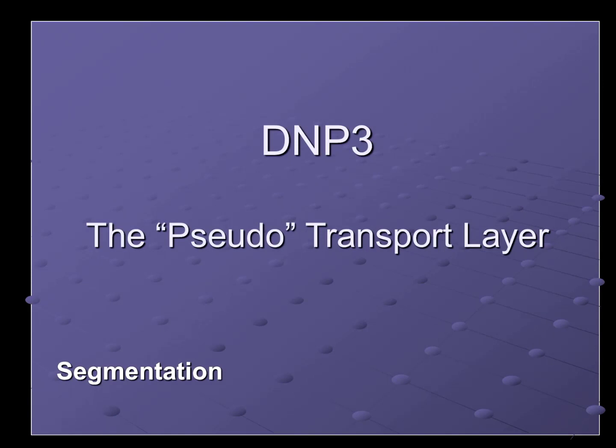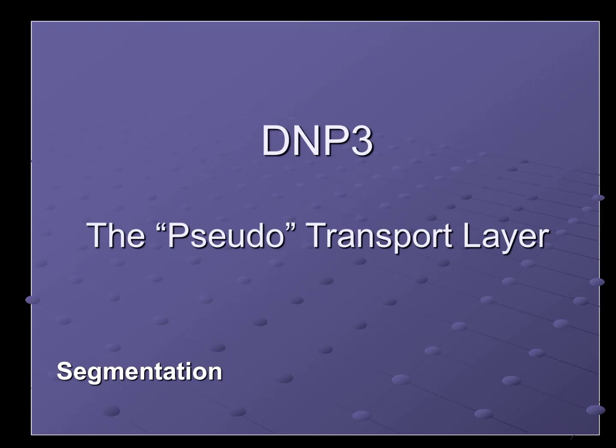Okay, here we're bringing in the transport layer. Now remember, the transport layer is called the pseudo layer because it's only used on DNP messages that are greater than what can be handled by a single data link frame.